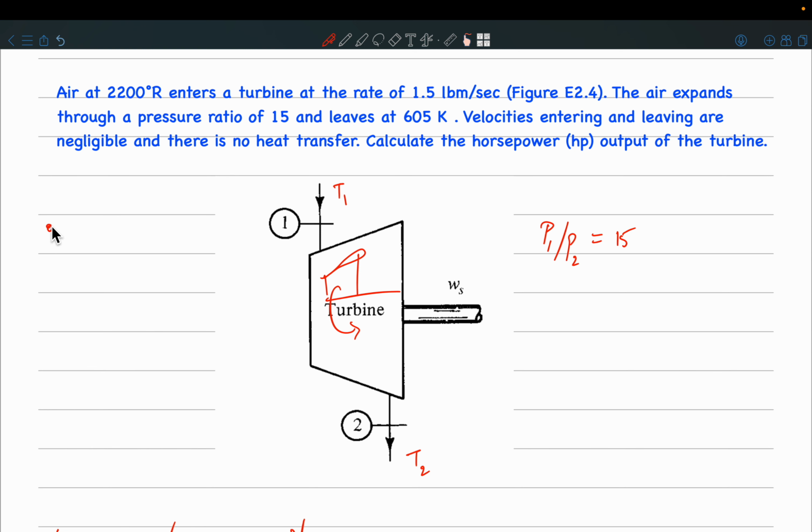So how do you convert degree Rankine to Kelvin? Okay, so it's something like a factor of 9 by 5, I think. Yeah, it's 1.8 times Kelvin. So if I want it in Kelvin, I'll just say 2200 divided by 1.8 Kelvin is T1.